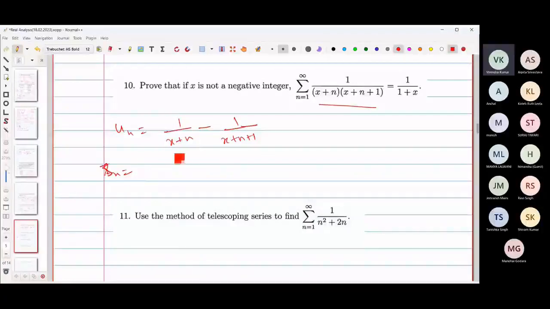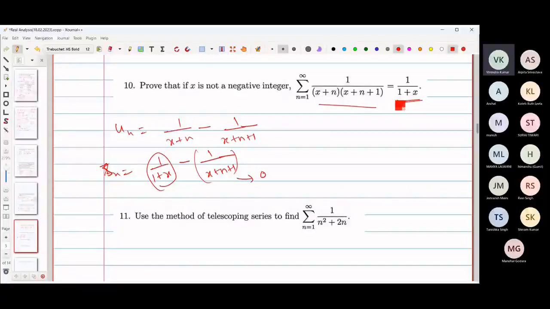The first term of this is 1 upon 1 plus x, minus 1 upon x plus n plus 1. You know that the limit of this is 0, and then we are left with this one. So the sum is going to be 1 upon 1 plus x.